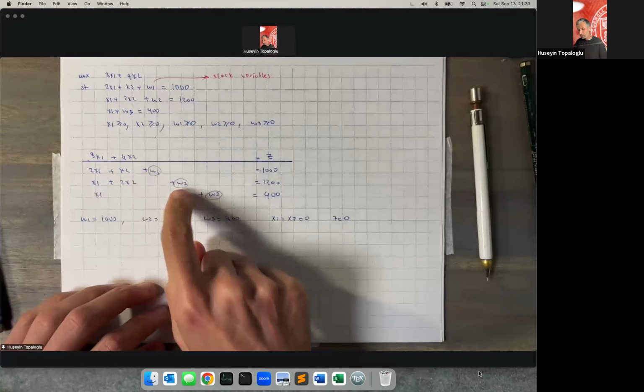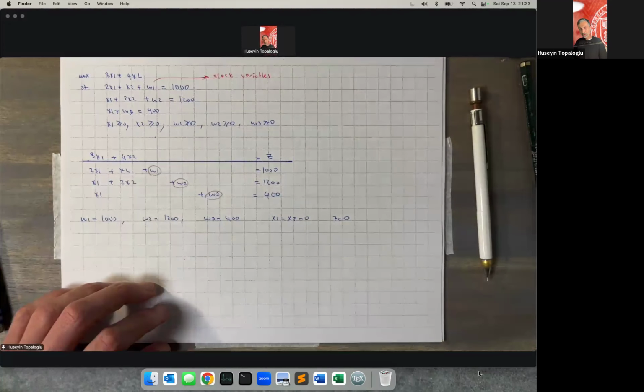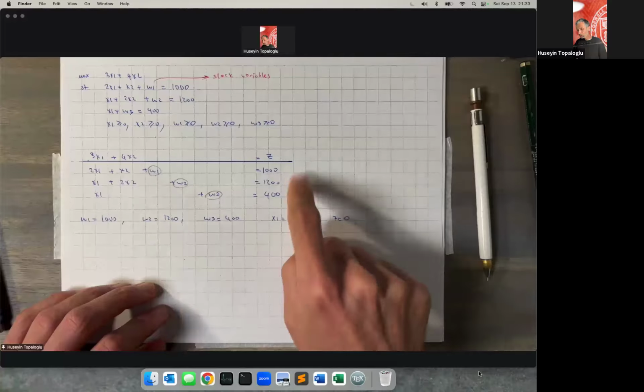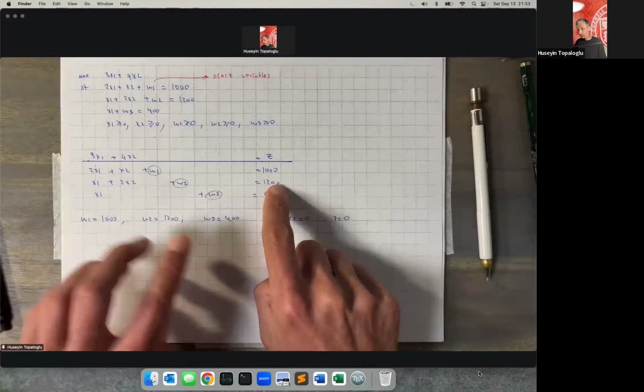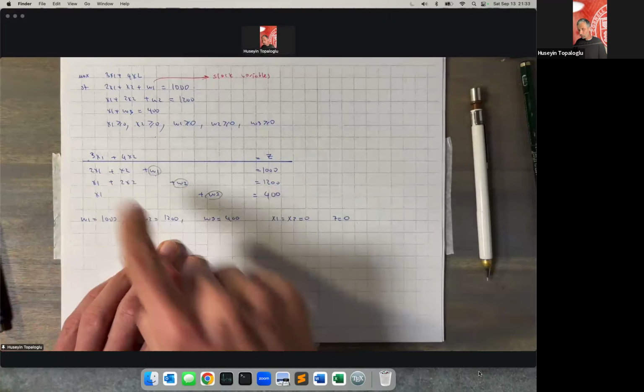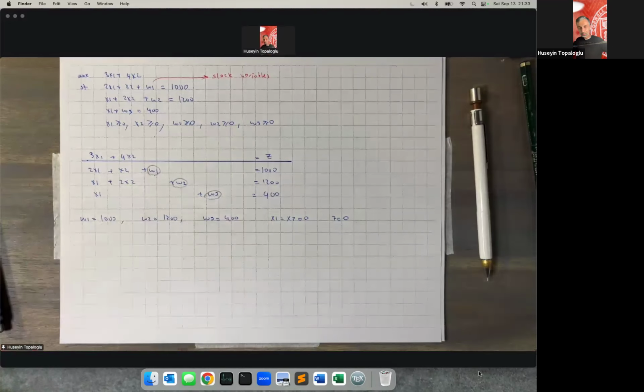There are three decision variables such that each one of them appears in a different constraint row with a coefficient of 1 and nowhere else. Because of that structure, it's very easy to read a solution to the system of linear equations. Set W1 to be 1000, W2 to be 1200, W3 equal to 400, x1 and x2 are 0, set z to be 0. That's a solution to this system of linear equations. And this solution happens to be feasible to the linear program that we would like to solve, with an objective value of 0.